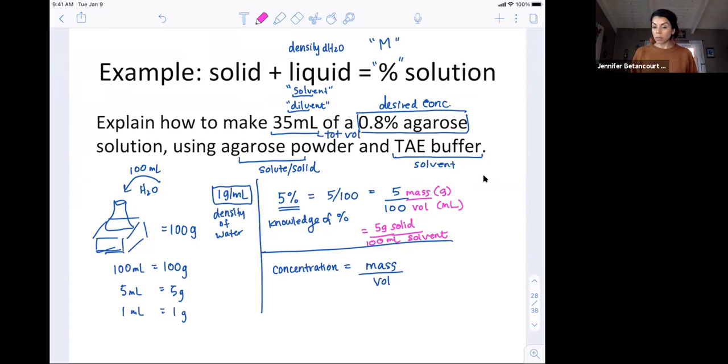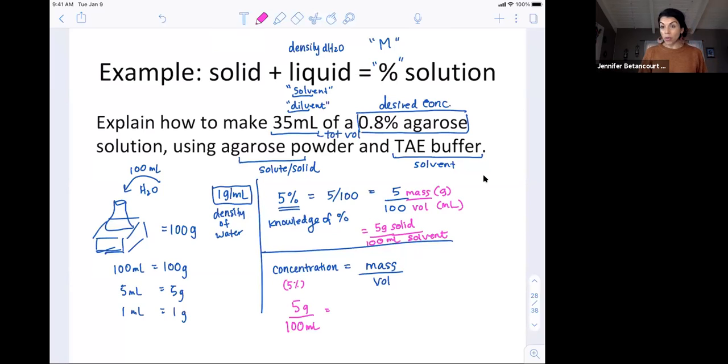That is at 100 mL. But we don't always want to make 100 milliliters. Sometimes we have to make less, or sometimes we have to make more. When you have to make more, you just set up a very straightforward ratio. So we have 5 grams per 100 milliliters, which is actually our desired concentration, because it is 5%. But we don't want to make 100 milliliters.